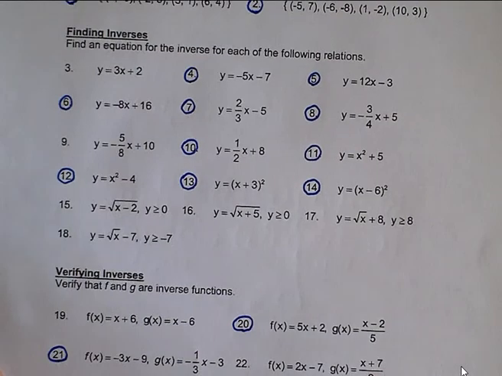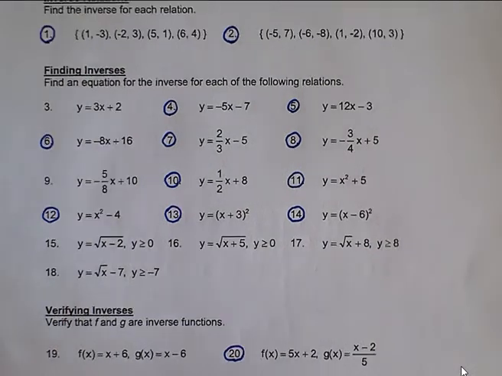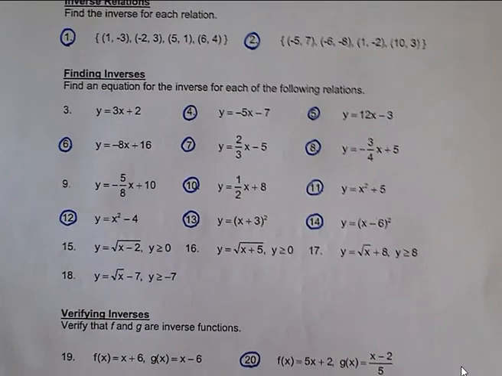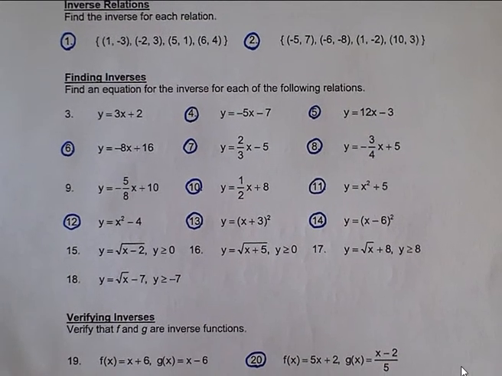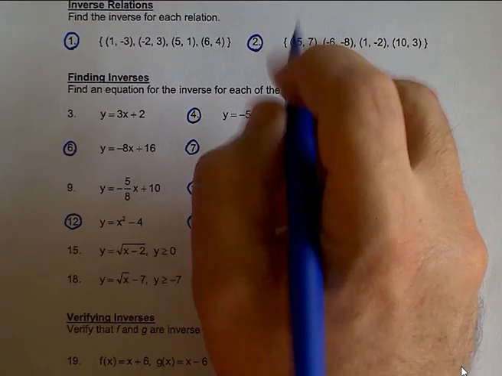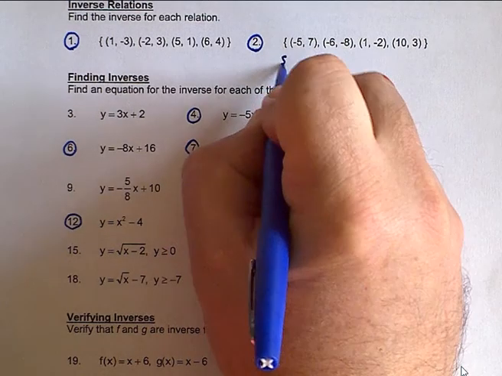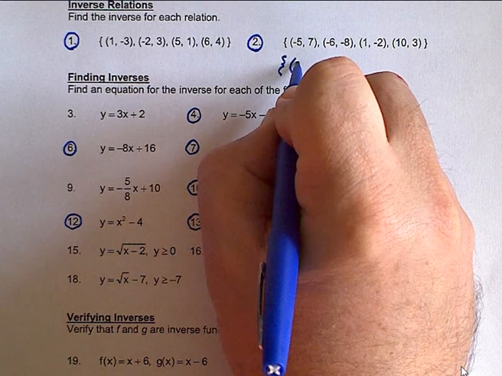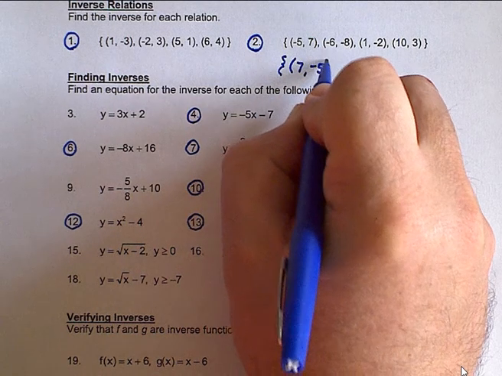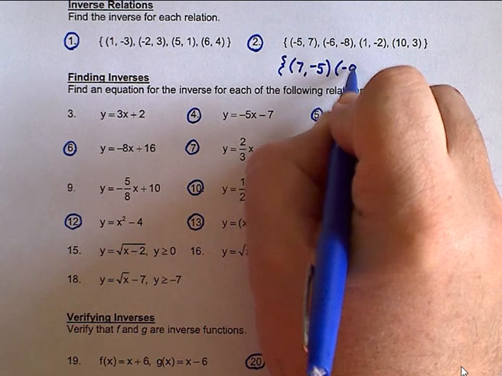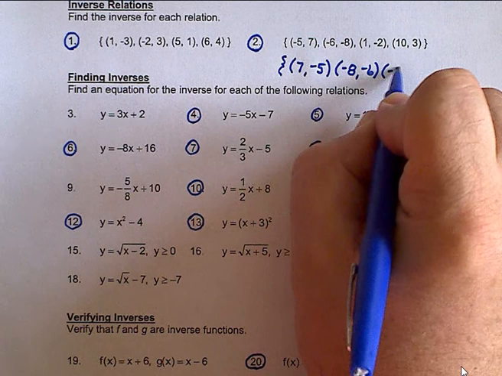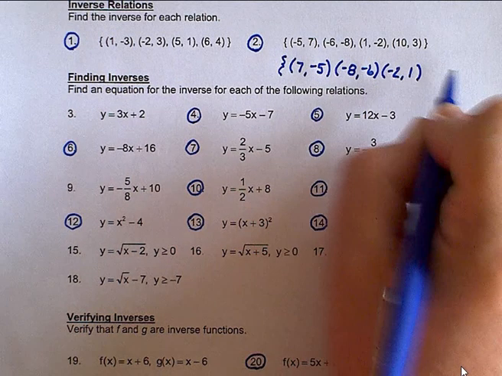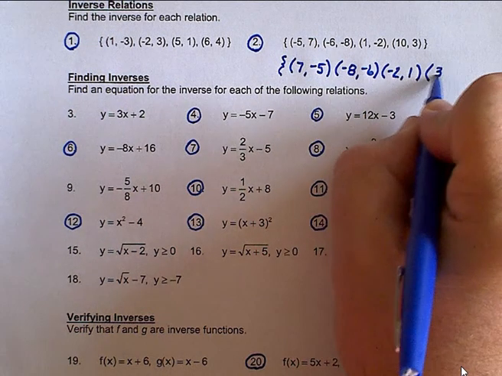So let's talk about how we're going to do these. Questions 1 and 2: find the inverse. When you're given a set of points like this, to find the inverse, we just switch the x and y coordinates. So for number 2, you should have ordered pairs (7, -5), (-8, -6), (-2, 1), and (3, 10).